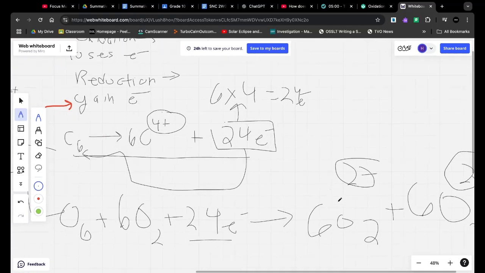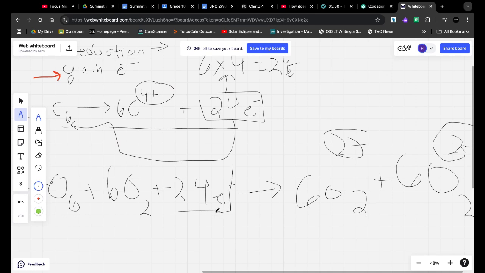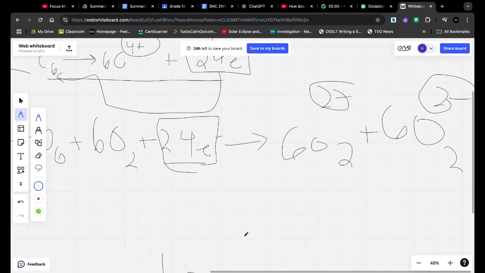So now you have a surplus of 24 electrons that can be used.